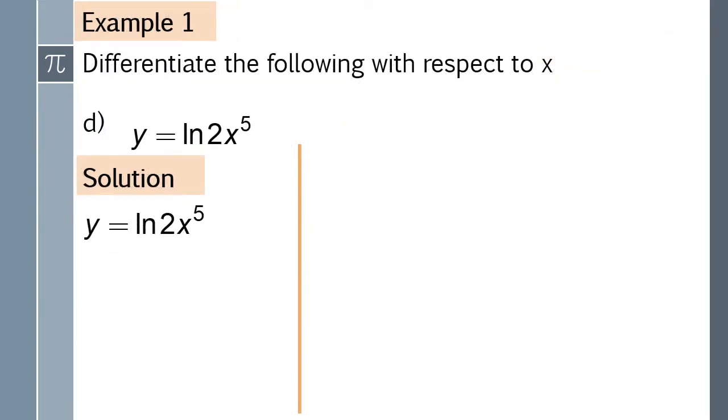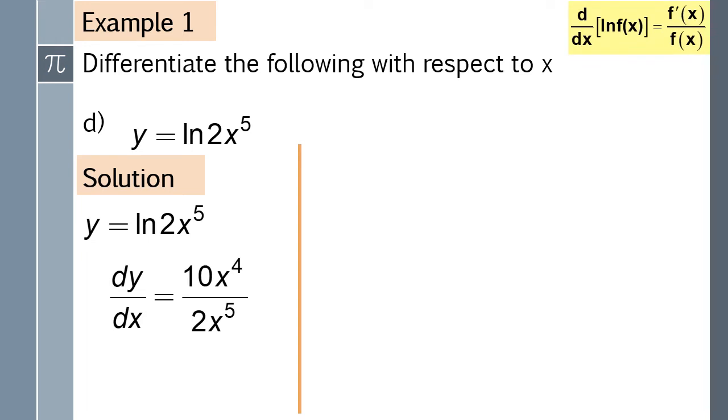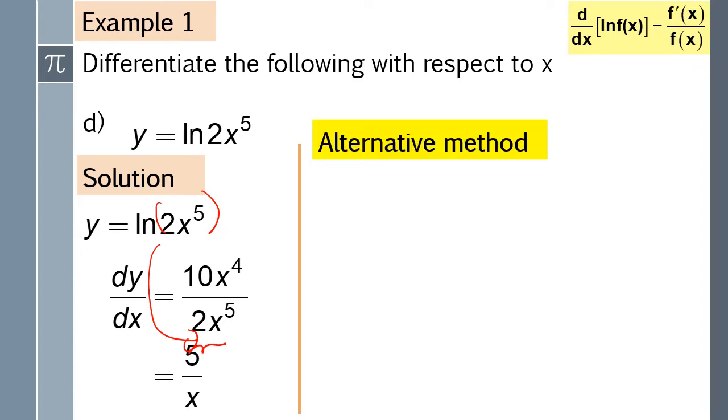Example 1d, y equals ln of 2x to the power of 5. By using this formula, we differentiate dy/dx: we take 2x to the power of 5 to the bottom, then we differentiate 2x to the power of 5 and put it on top, until we get the answer, 5 over x. However, we have an alternative method.